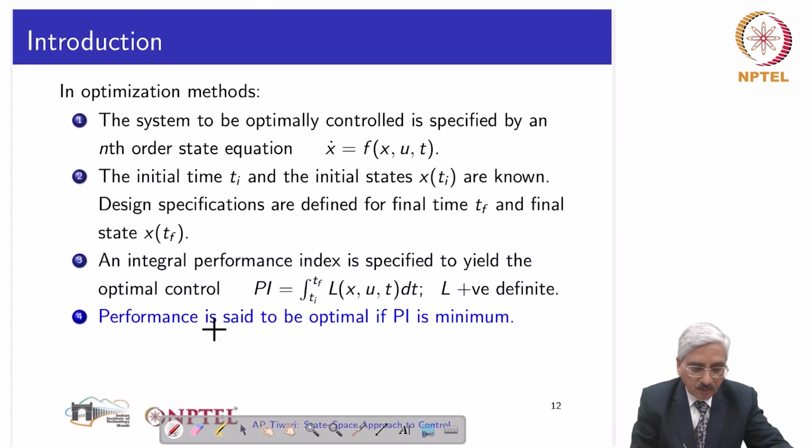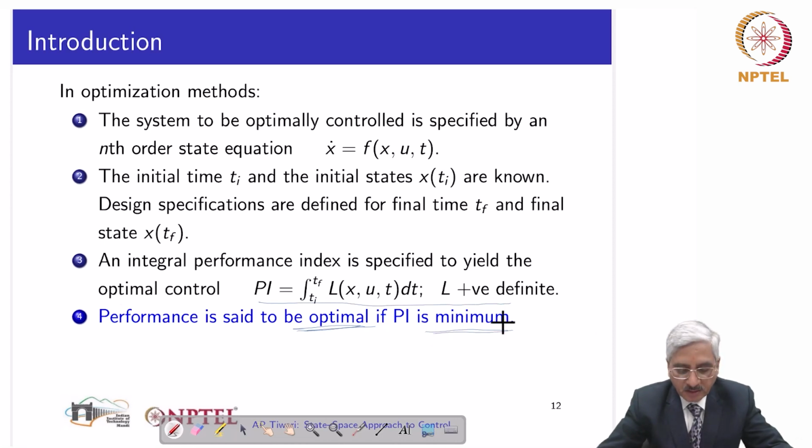And the performance is said to be optimal if this index is minimum. When this performance integral achieves its minimum value, the performance is said to be optimal.